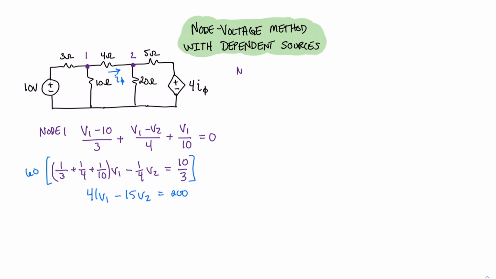Now for node 2, we have the equation (V2 - V1)/4 plus (V2 - 4I phi)/5 plus V2/20 equals 0.